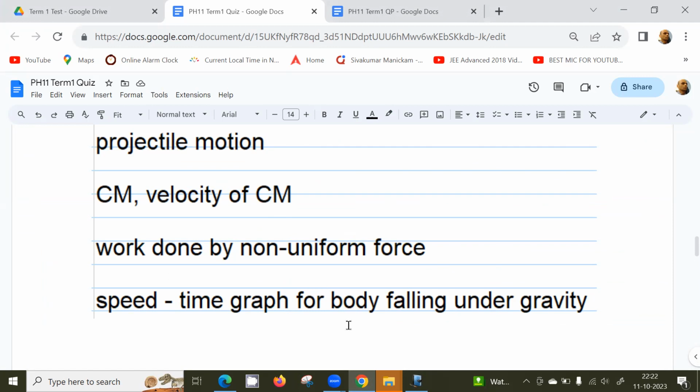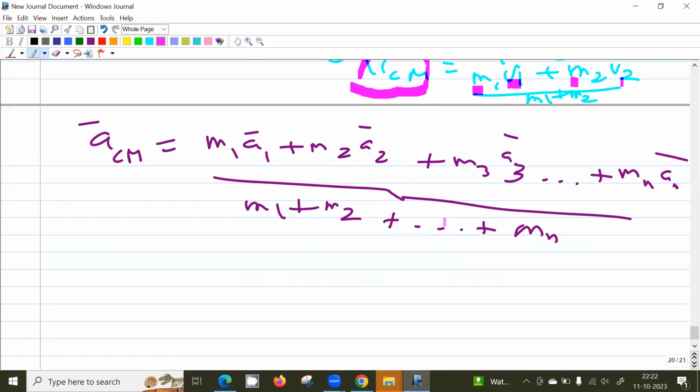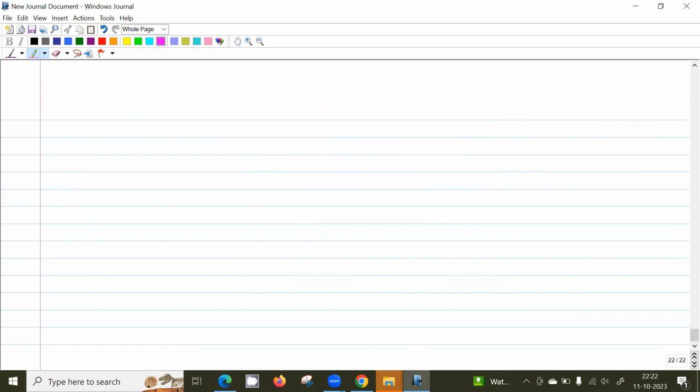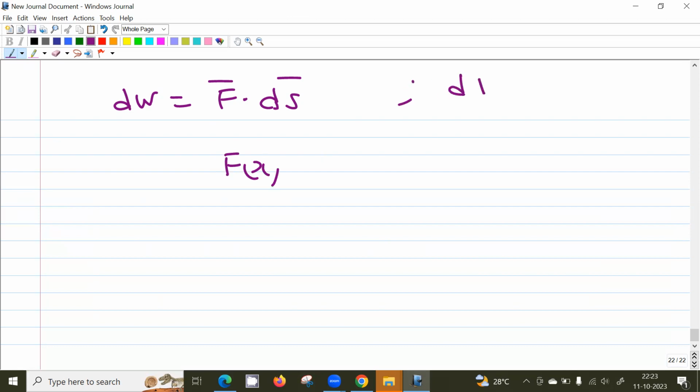Work done by a force. The work done by a force is F dot ds. This is by definition. If this force is non-uniform, it will be a function of, say, x. For 1D motion in the x direction, the work done will be F into dx, because the direction of force is along x and the displacement is also along x, so F into dx times cos 0.